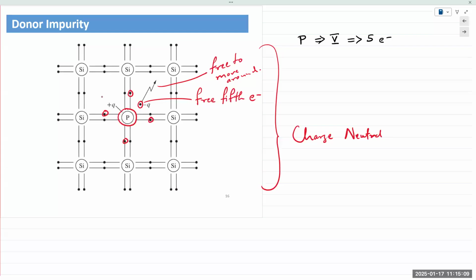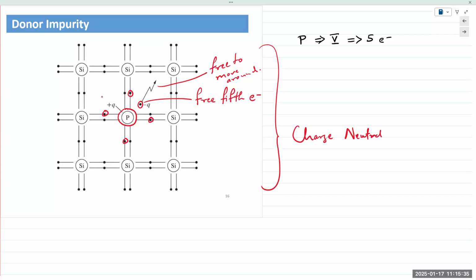So the question being asked is, what is that 5th electron doing? Right now, it's not doing anything. It's just there. It's available. It's at equilibrium. If we apply an electric field, then that electron is free to move in response to that electric field. So right now, it's just there. It's not doing anything.